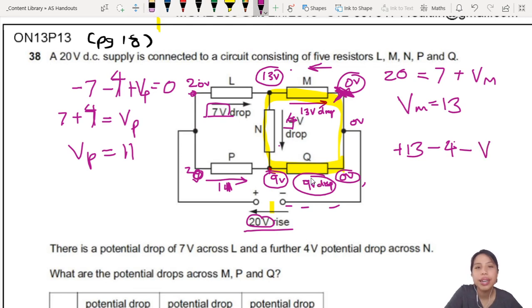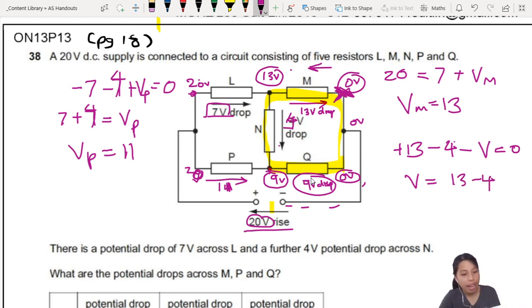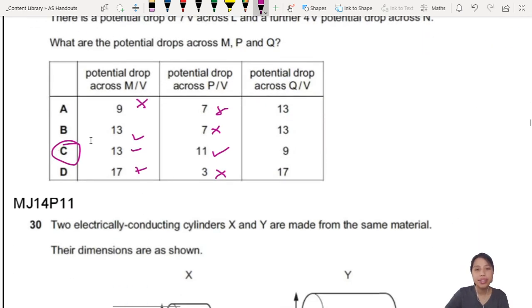Down by some value, yes. Equals to 0. Should be 0 already lah. So V equals to 13 minus 4, which will give you 9. Yep, 9. There we go. So many ways to do it. You can think of potential, all dropping. And that's it. So yeah, the answer is C.